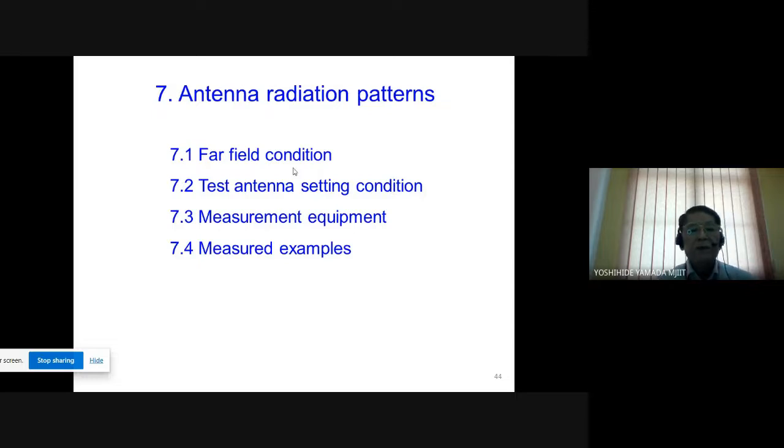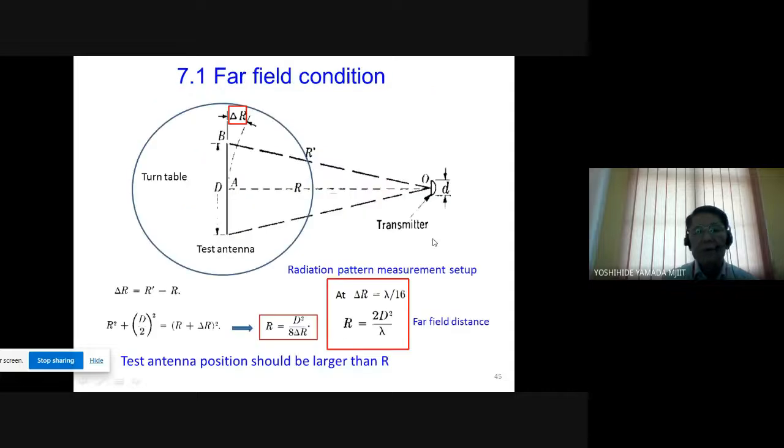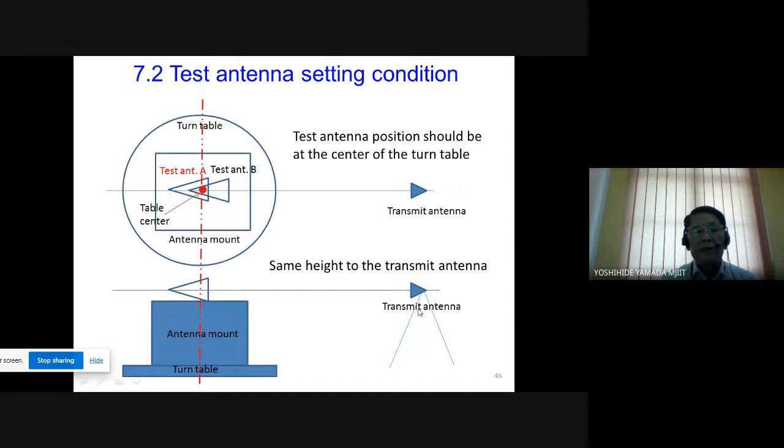So next is antenna radiation pattern: far field condition, test antenna setting condition, measurement equipment, measured example. The far field condition is given by 2D squared divided by wavelength, where D is the antenna size. The test antenna should be placed on the center of the turntable.